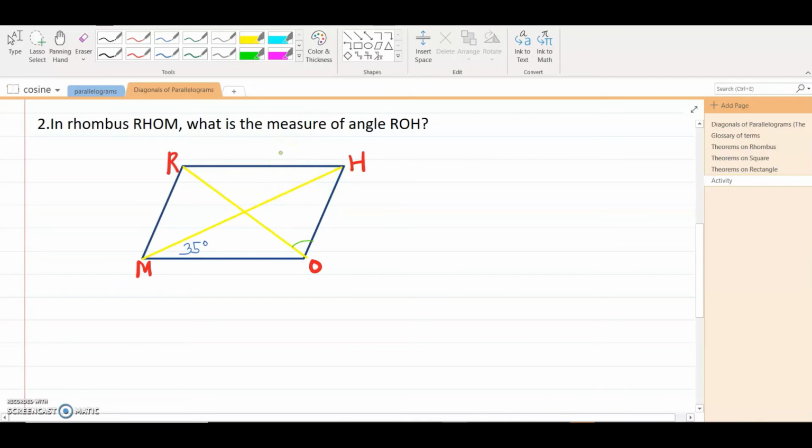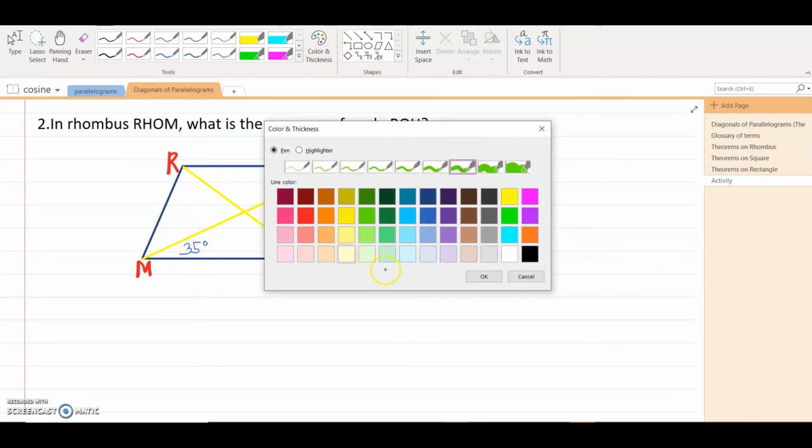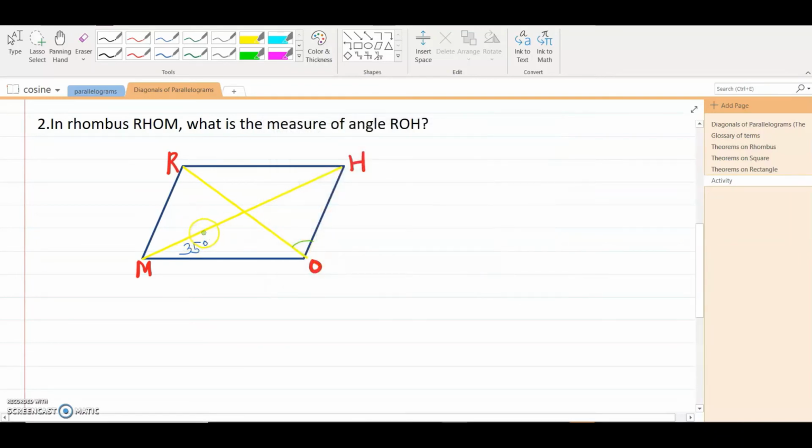So we only have the measure of angle HMO, which is 35 degrees. This angle is 35 degrees.